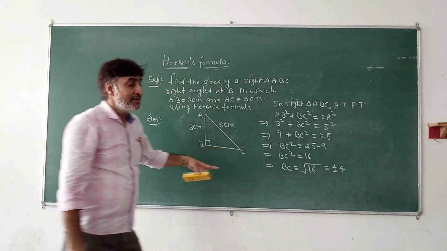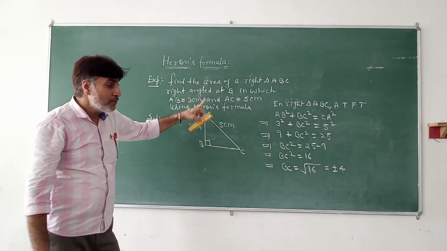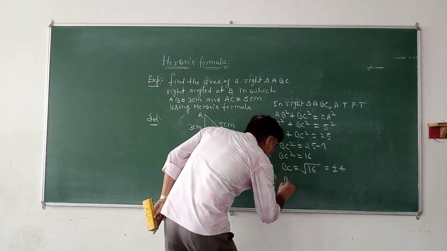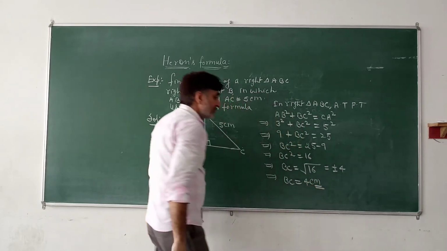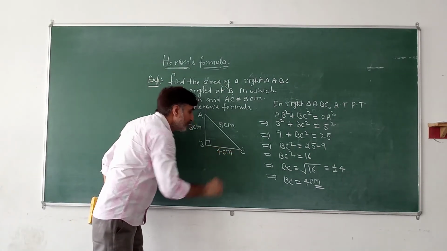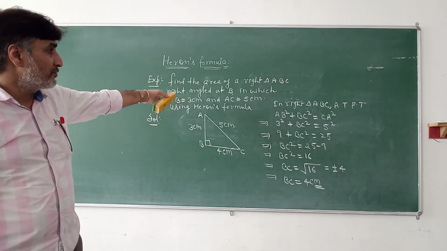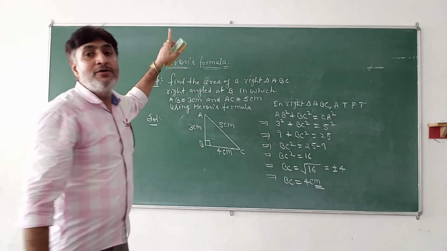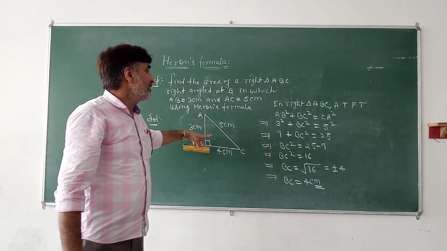But since length can never be negative, we ignore the negative sign, and BC becomes 4 centimeter. Now we know the lengths of all 3 sides of this triangle, so using Heron's formula we can easily find the area of triangle ABC.